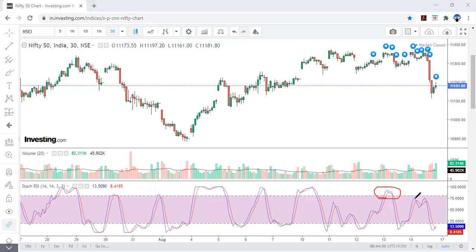But without touching above, it crosses from here, because one oscillator crosses the other and shows the sell signal.